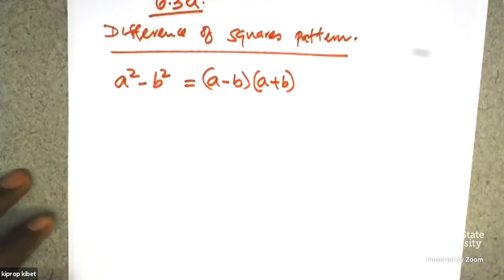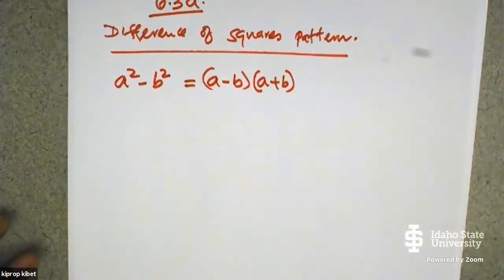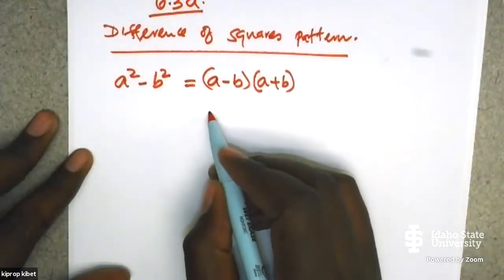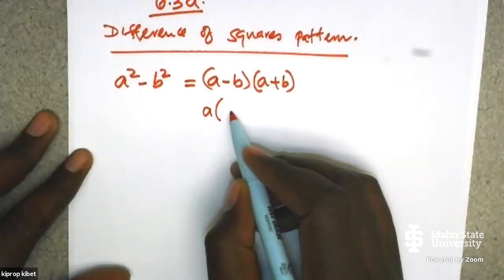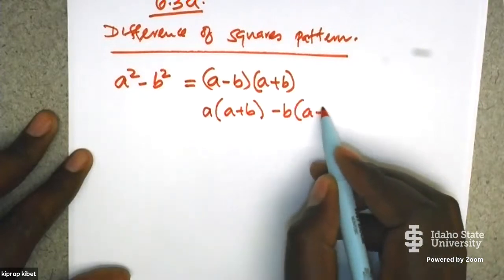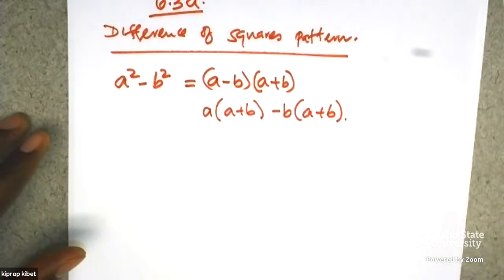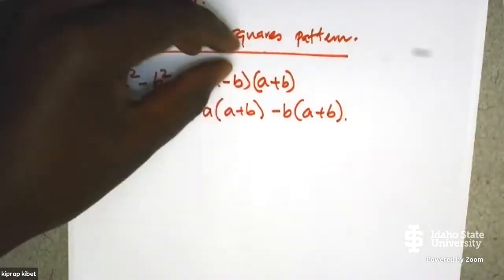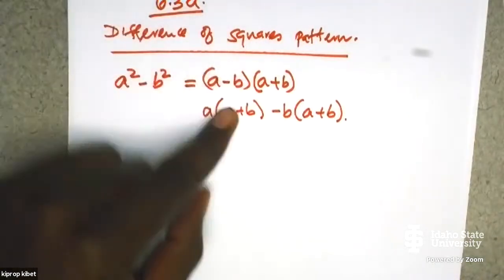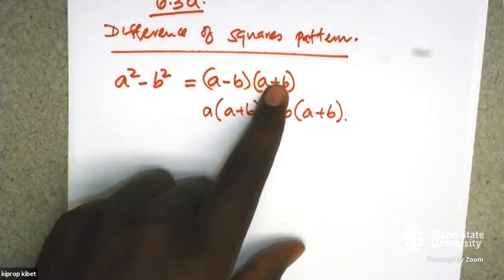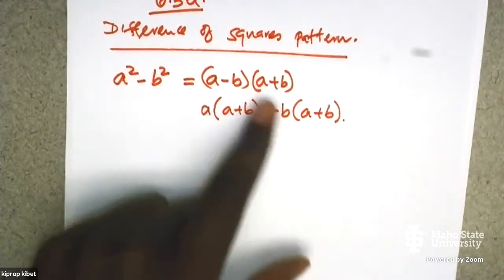B, right? So if you want to prove this, then you can say a plus b, a minus b. Do you still remember what we did before we came here? We were taking the greatest common factor here, in this case ab, and then what remains is a minus b.